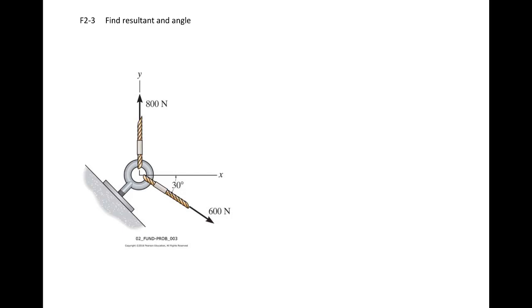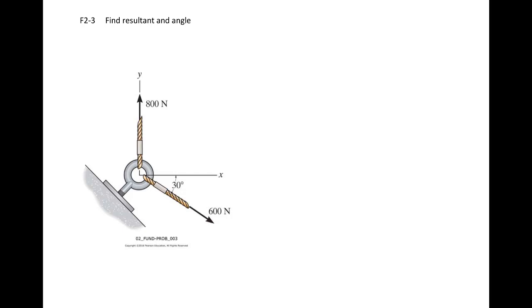So the first thing we want to do is redraw the forces, making those arrows about the same length relative to each other as the magnitudes of the forces relative to each other.